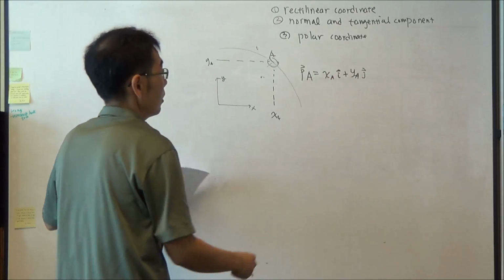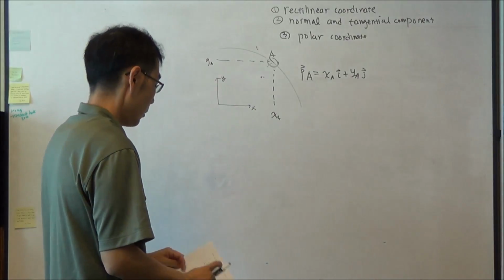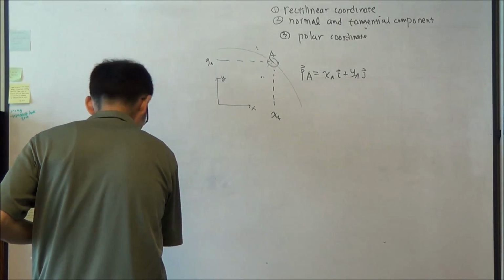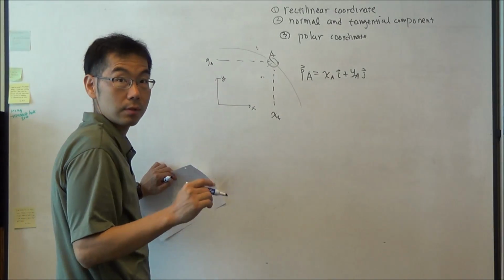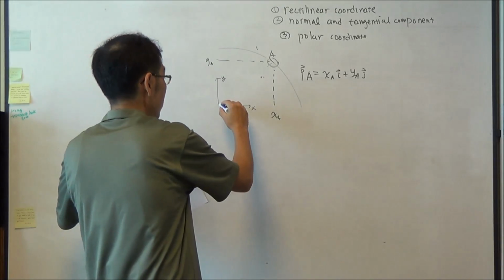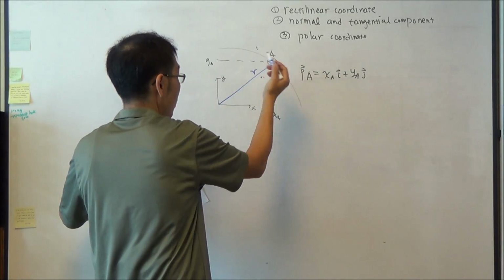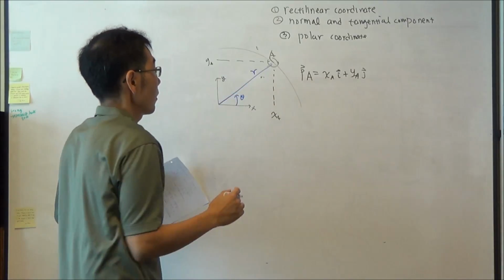So this is the rectilinear coordinate system. But we can use the polar coordinate system. The polar coordinate system has two quantities, which means your r and your theta.